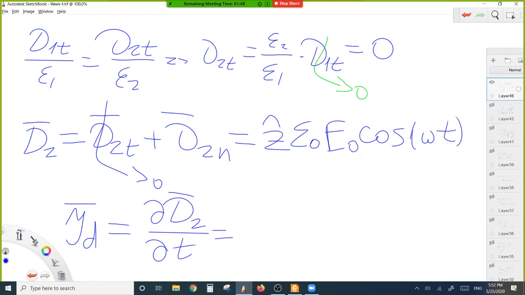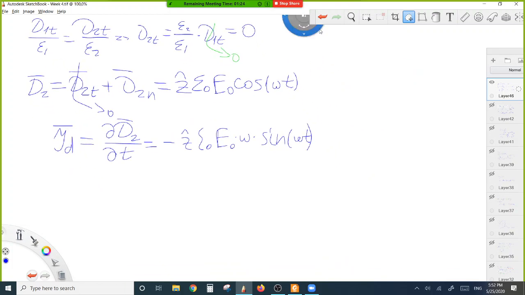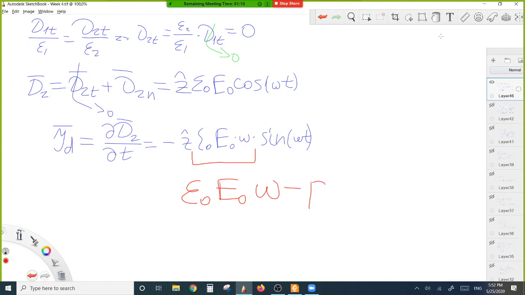If we take the derivative, we have minus Z epsilon 0 E0 multiplied by omega multiplied by sine omega t, and epsilon 0 multiplied by E0 multiplied by omega is the peak value.